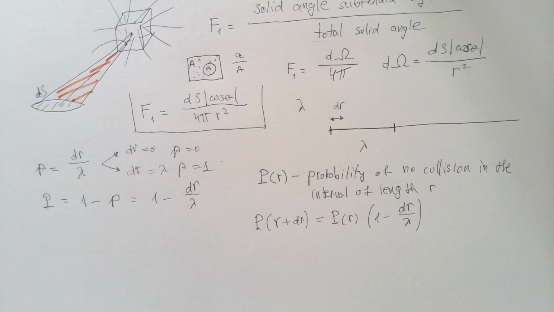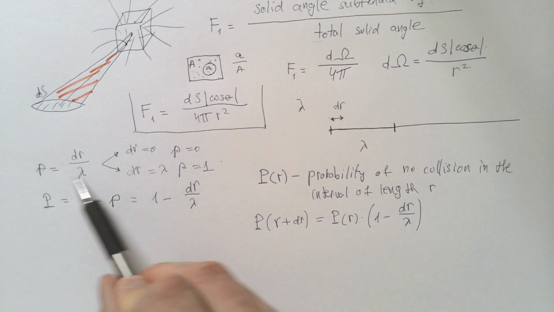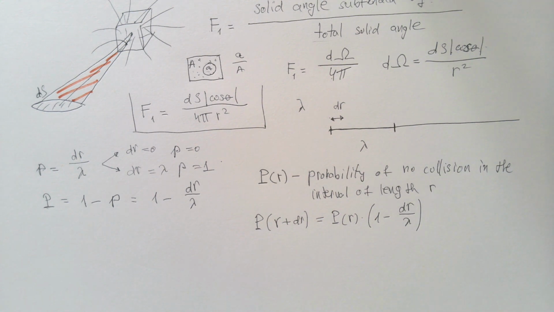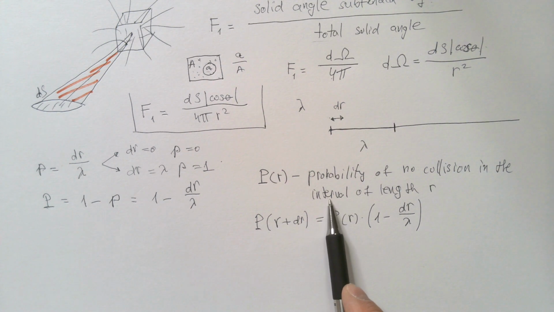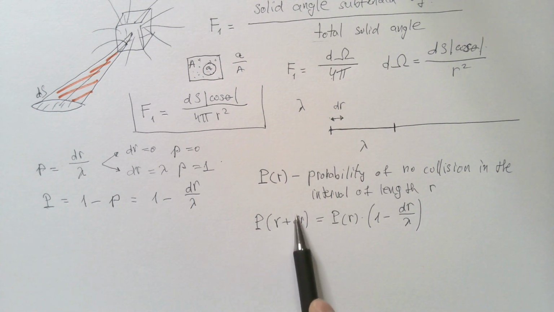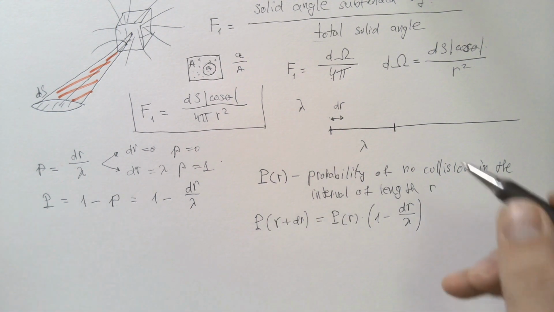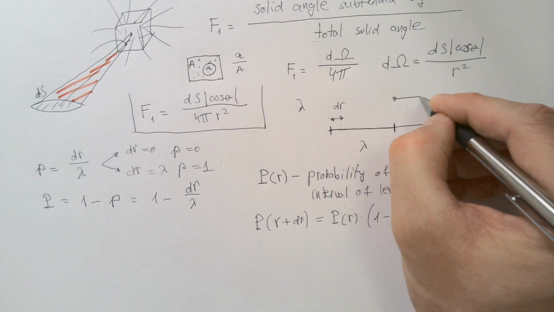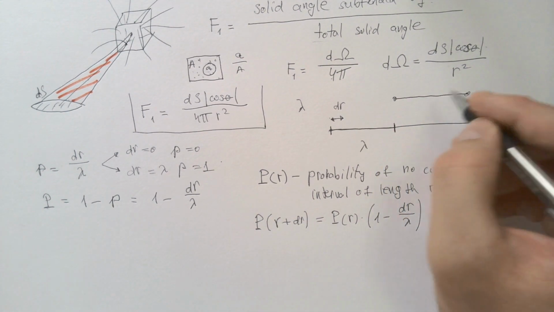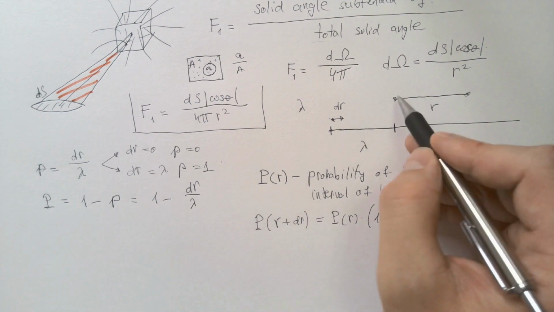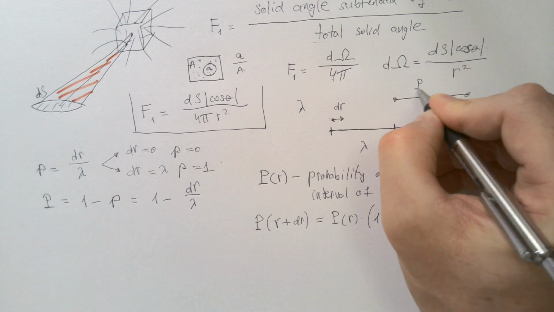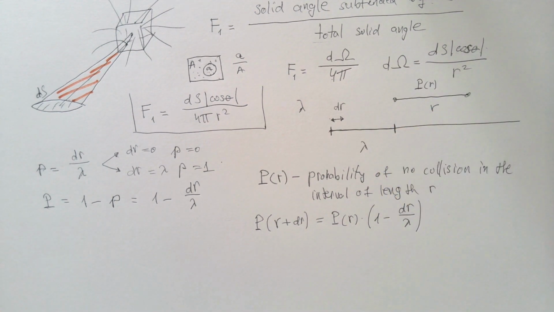This can be confusing, of course, so I'll do my best to explain one more time what we got here. I think this part is quite simple. Now, how do we get the probability of no collision in the interval of length r plus dr? Well, imagine this is some interval of length r, and the probability of no collision along this interval is some capital P of r, whatever that is.